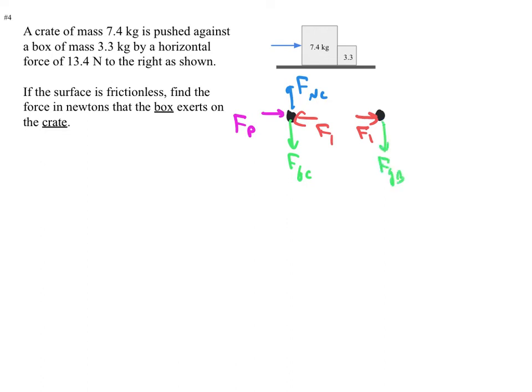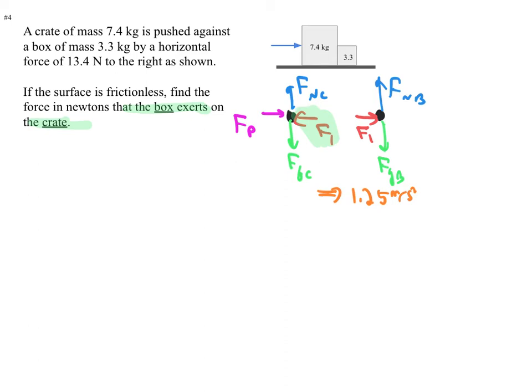FGB, FNB, and we know that there is acceleration this way, which we just found was 1.25 meters per second squared. So what we're looking for is the force that the box exerts on the crate. That is clearly this force. And that's annoying.